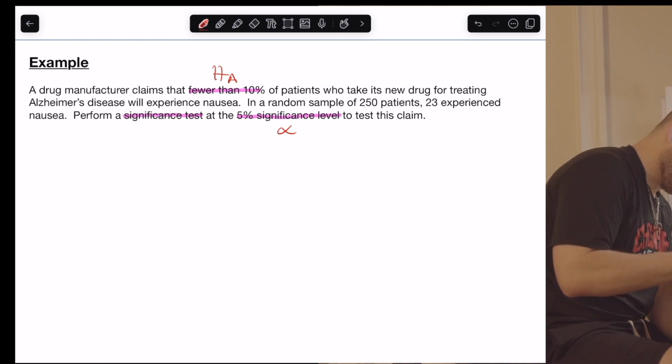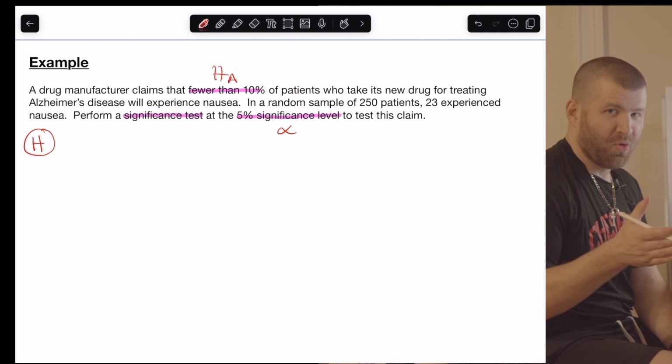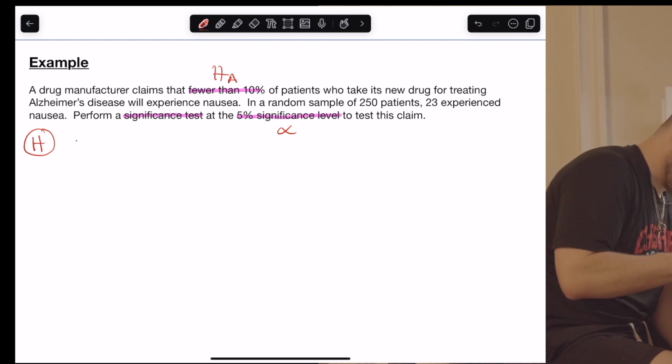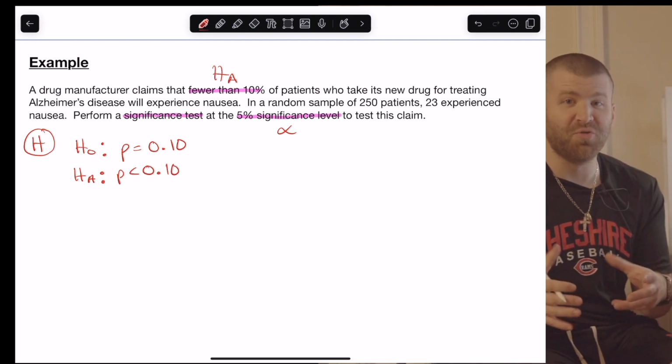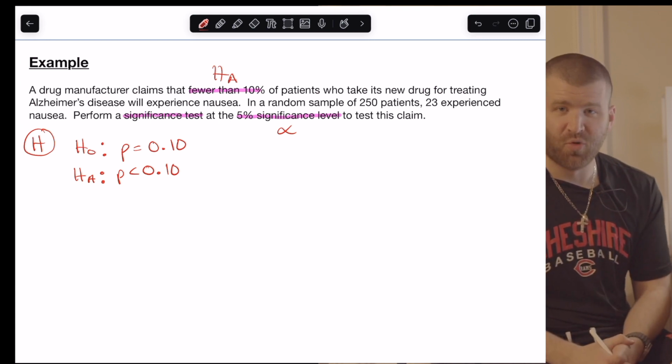So, let's start. For H, I know my null hypothesis is going to be that p equals 0.1, and my alternative is that p is less than 0.1 because of the fewer than wording.